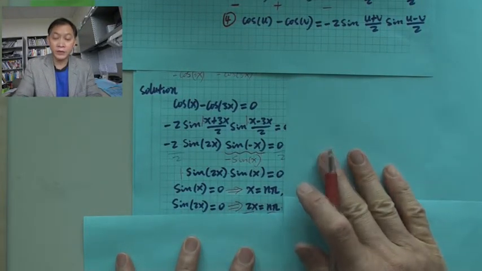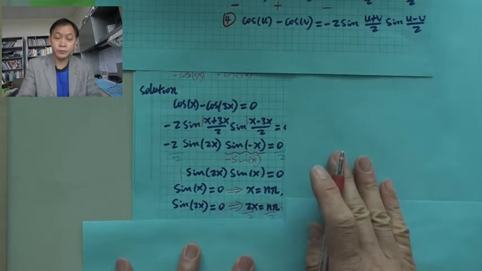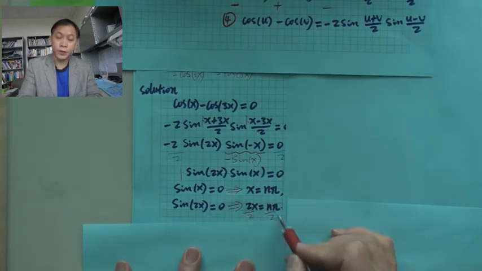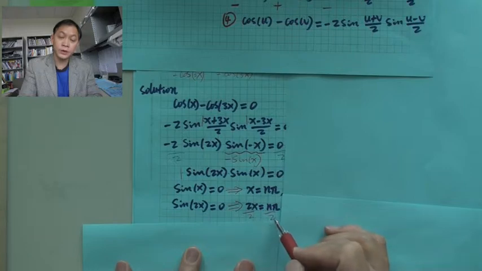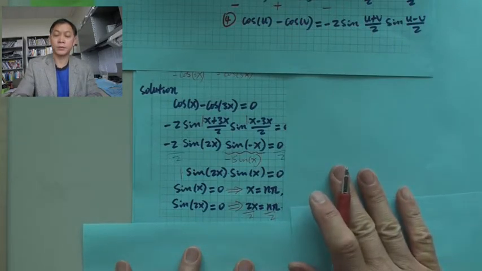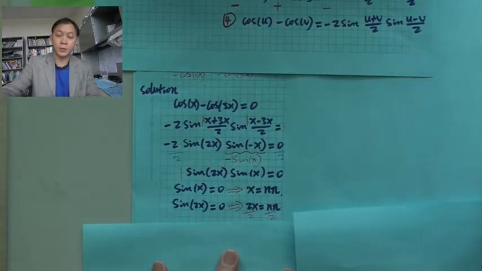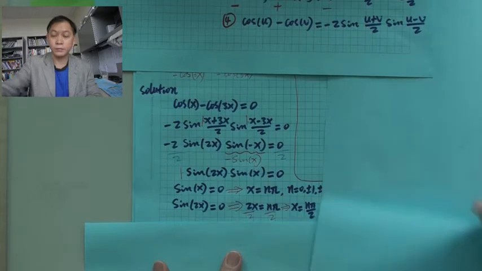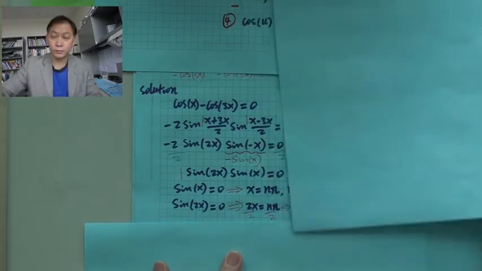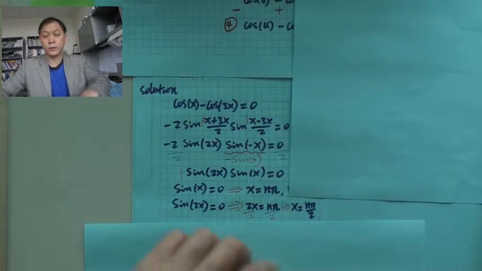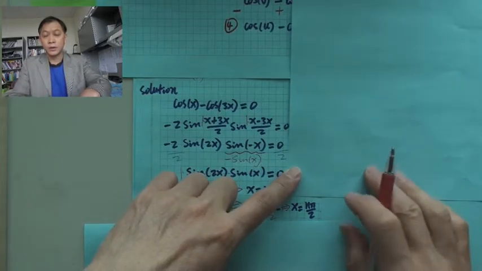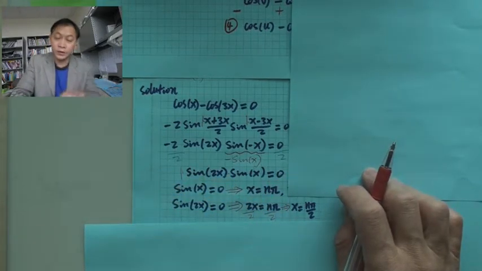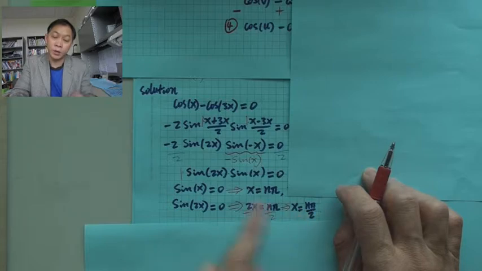If we divide both sides by 2 to cancel this 2, you have x equals n pi over 2. So n can choose 0, then you have 0.